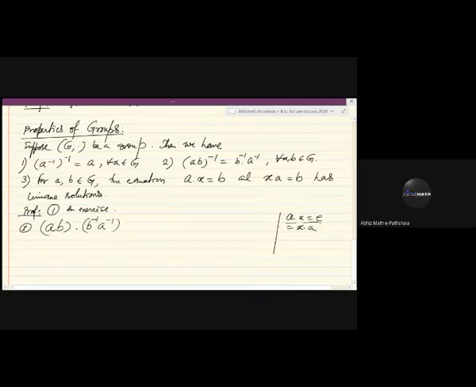Okay. Now if you can show that this is identity, and also if you take the other case, that B inverse A inverse dot AB is identity, then you can conclude that B inverse A inverse must be the inverse of AB.